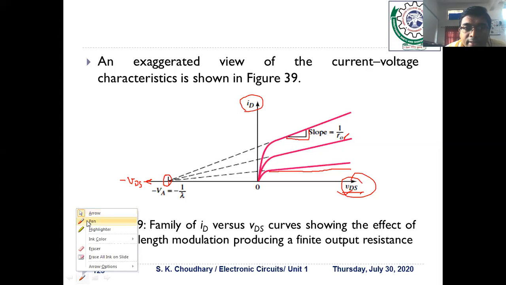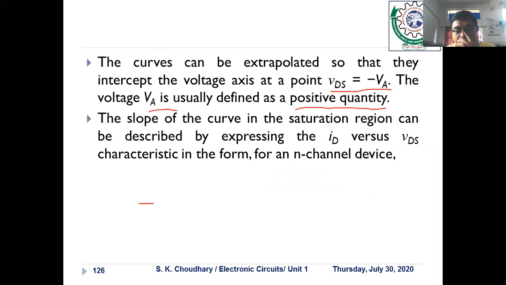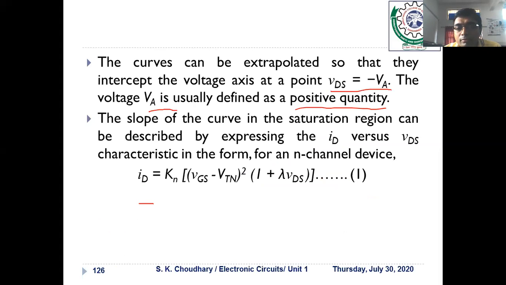When you extrapolate these curves, all curves meet at a common point, and at this point ID is 0. The equation ID equals Kn (VGS minus VTN) whole square (1 plus lambda VDS) becomes 0 as ID is 0, so only 1 plus lambda VDS equal to 0 remains.